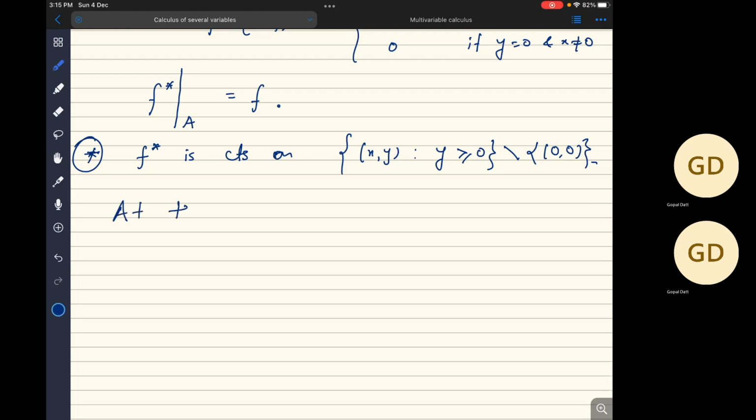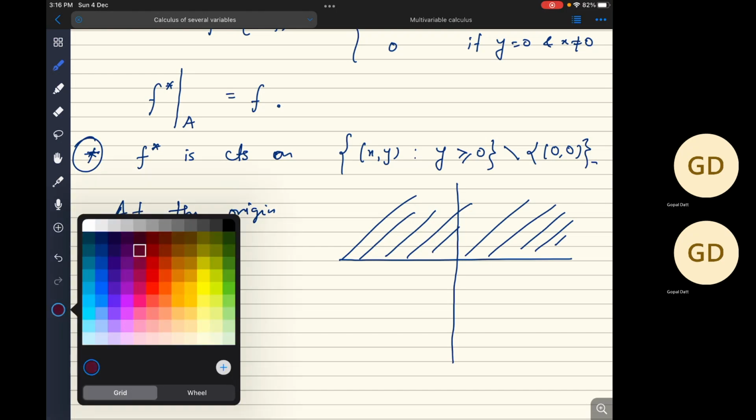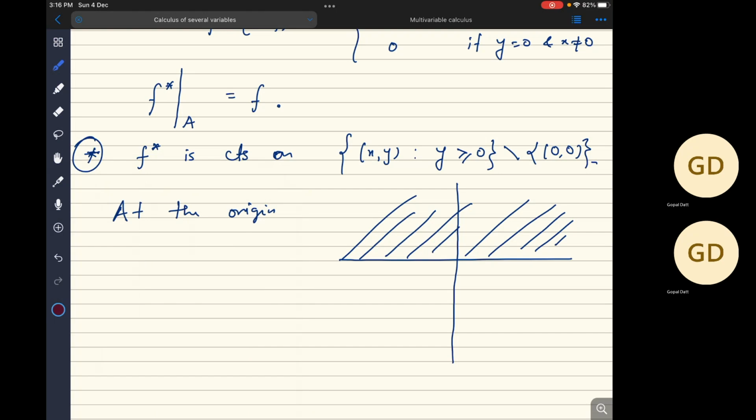At the origin, now let me draw a figure. So here we are in R2 and we are saying in the closed upper half plane minus the point 0, 0, means this point. Okay, we are removing this point.